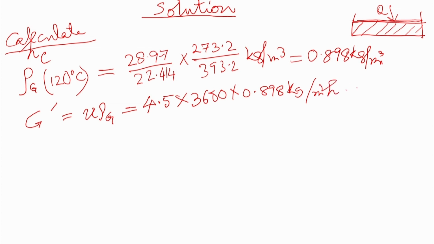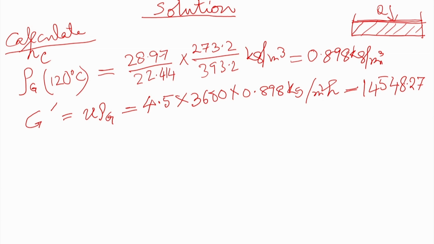It comes out to be 14,548.27 kg per meter square hour.